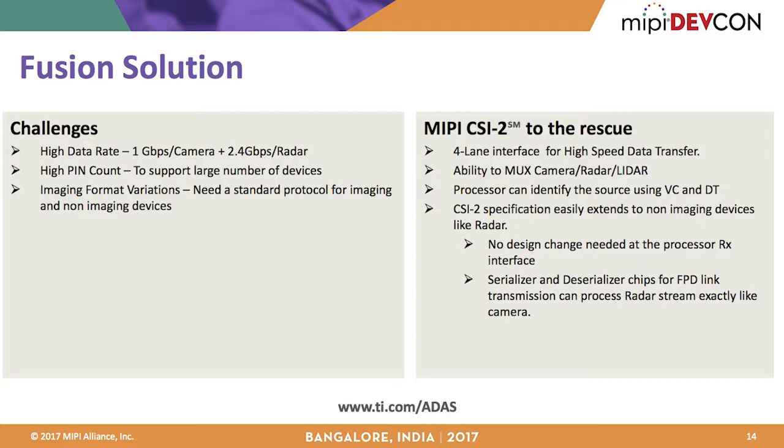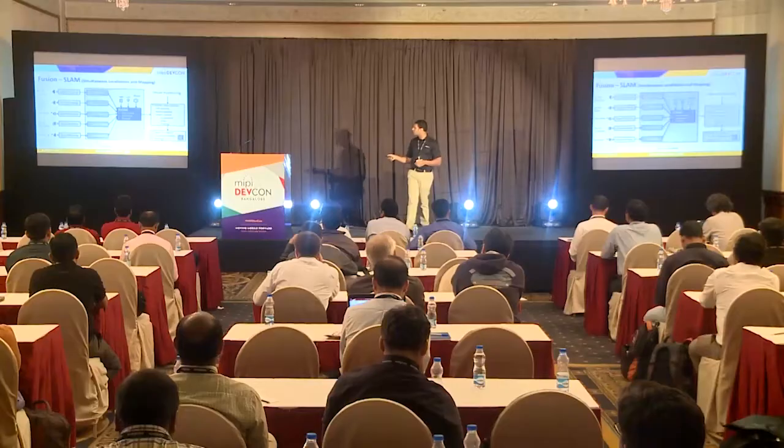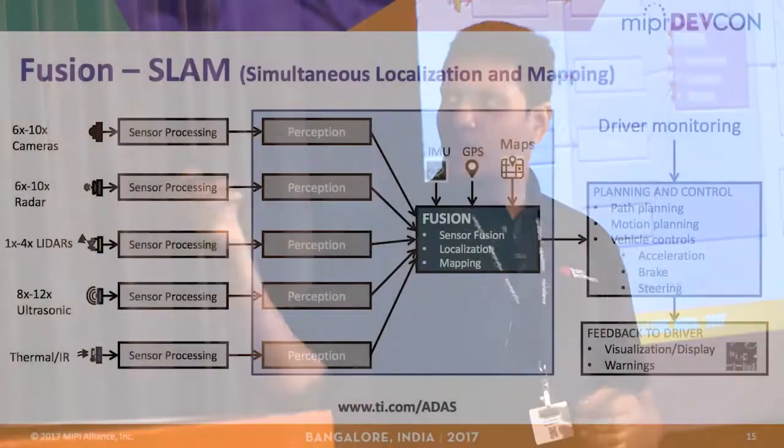Even the serializer and deserializer chips did not need a redefinition. So with the current MIPI protocol, the radar basically implemented the same protocol which was designed for image sensors, and it works interoperably with SerDes chips and with vision chips. So this is one of the topologies for fusion.